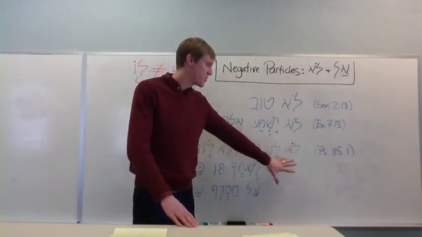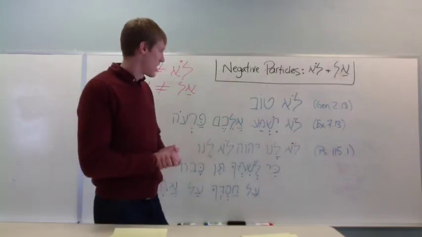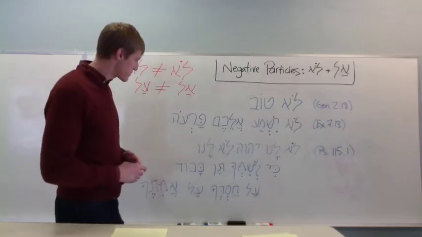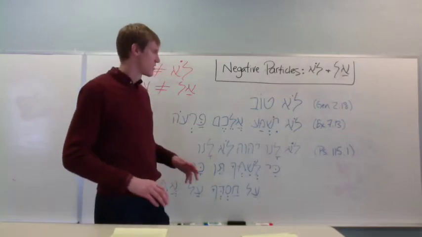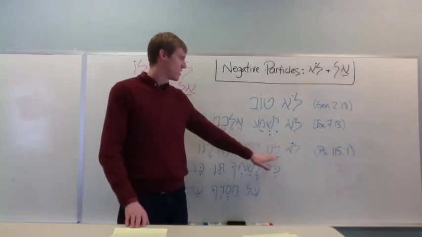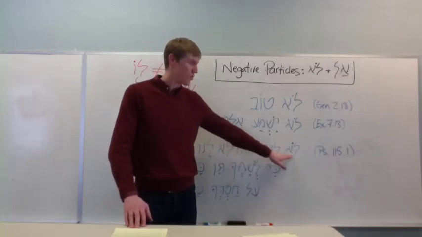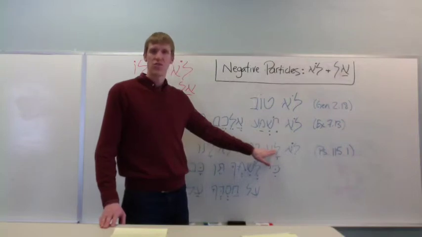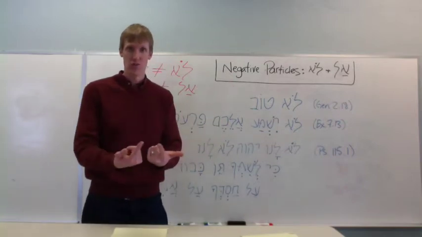And finally, we have this beautiful phrase from Psalm 115. I wrote it down here in its entirety because you know almost all the words. And so I thought it might be fun to see it all written out. Lo lanu Adonai. Lo, of course, not. Lanu, you have here the preposition lamed and the suffix nu from anachnu.